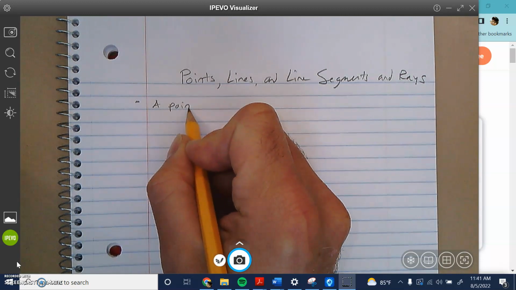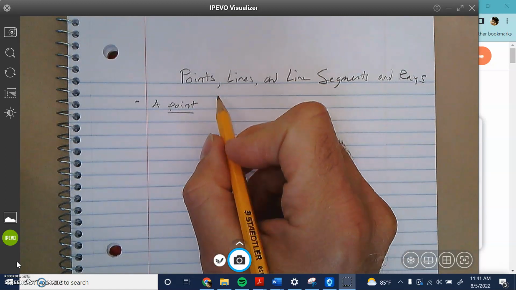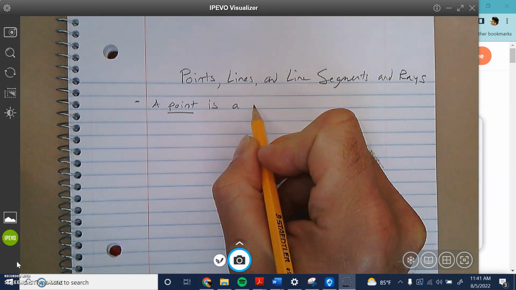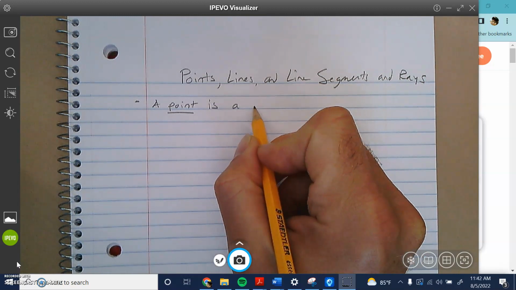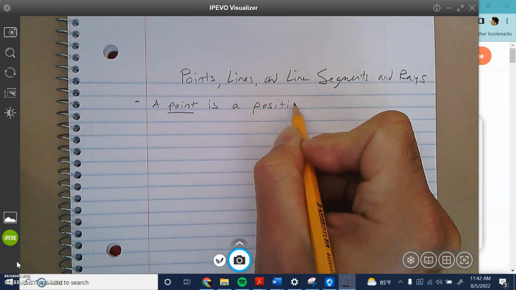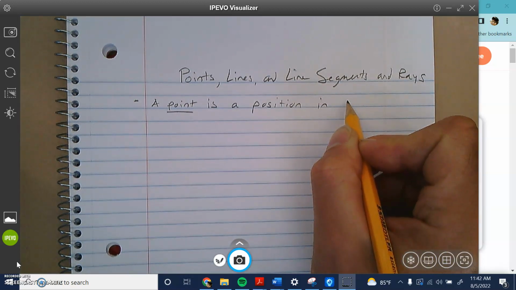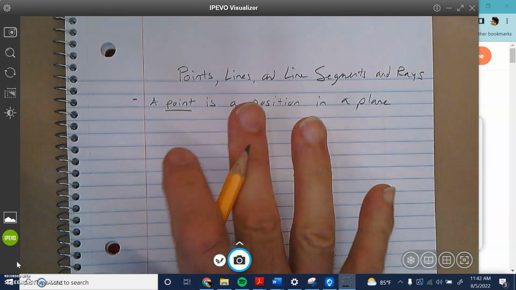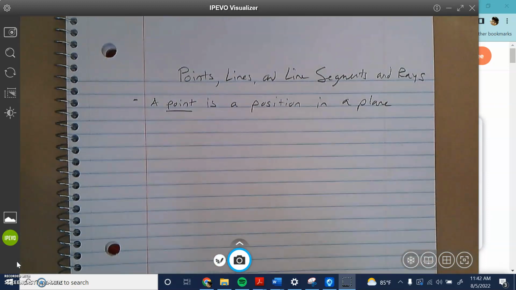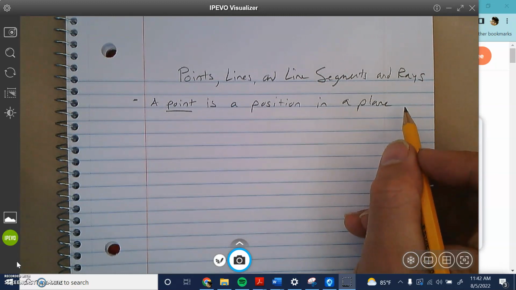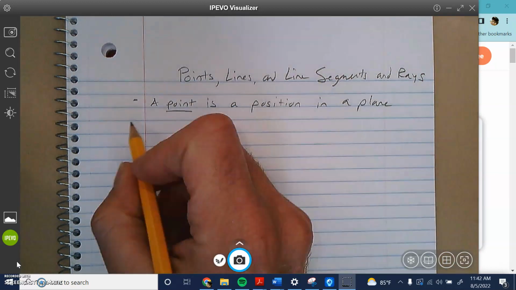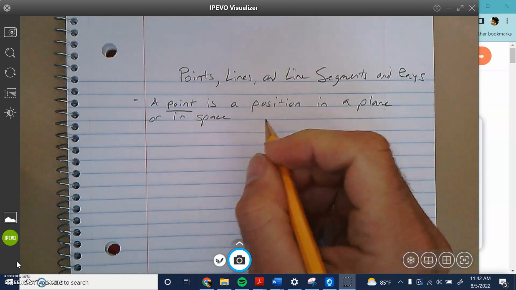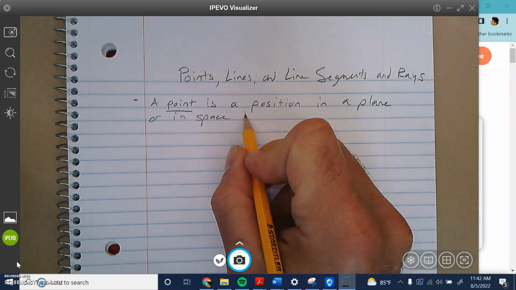A point, underline it because that's the definition, write down everything I write down, is a position in a plane. And a plane just means a flat surface, like a desk or a wall or something like that, or in space, that has no dimensions.